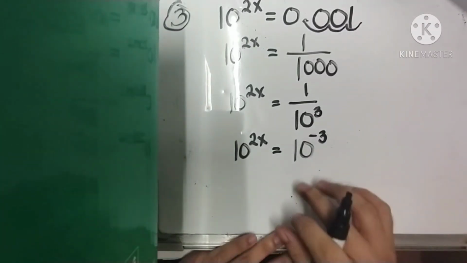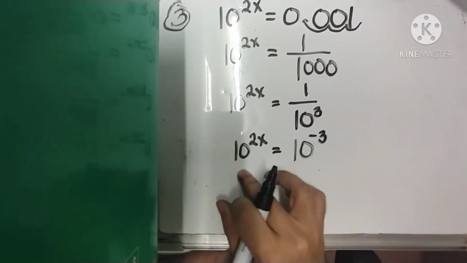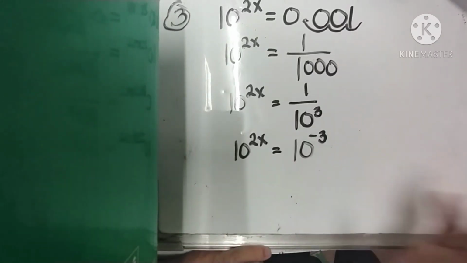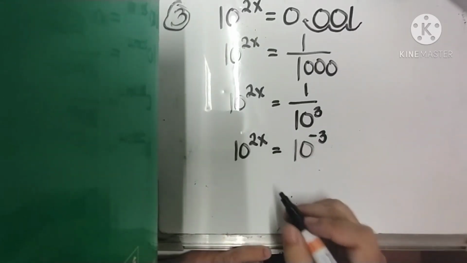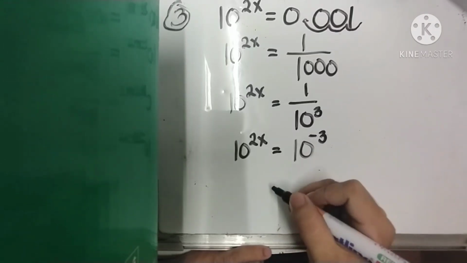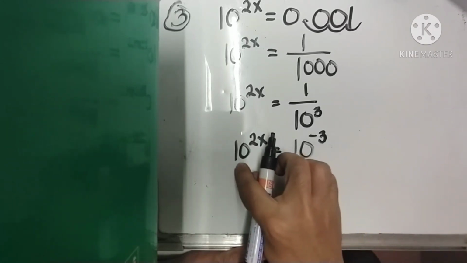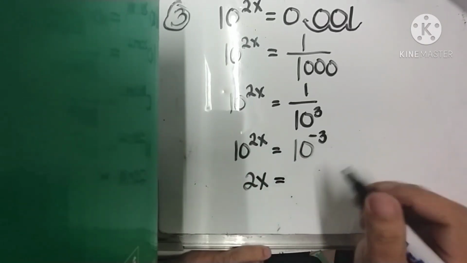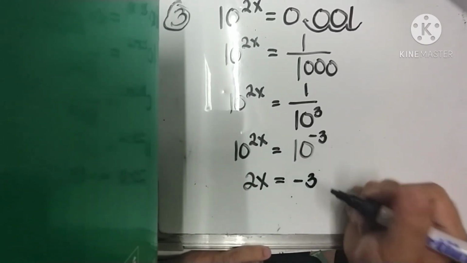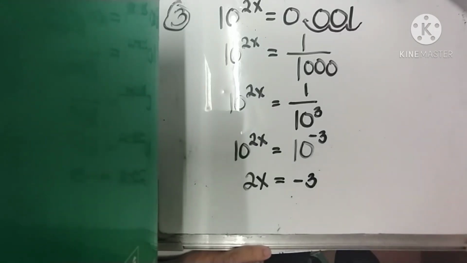Now we have the same base. What we are going to do next is bring down their exponents. So we have 2x as the exponent of 10, then negative 3 as the exponent of 10 on the right side.